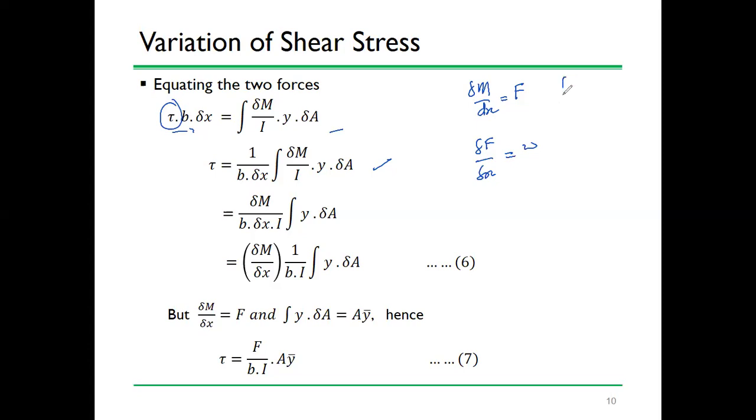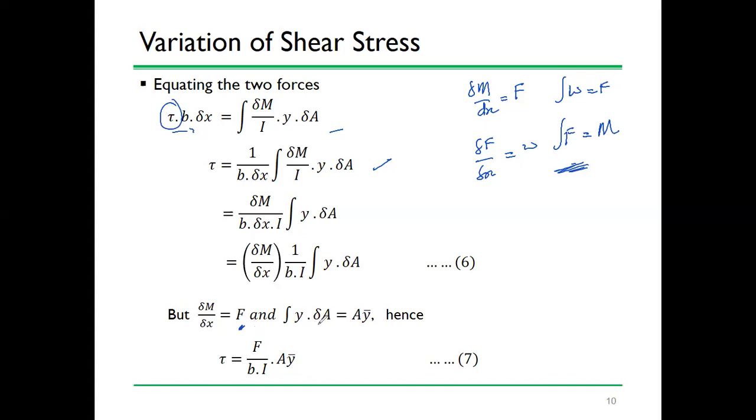And again, if you integrate the load, you get shear force. If you integrate shear force, you get moment. These were relationships we established right from that lecture. So this simply means that dM over dx is the shear force.